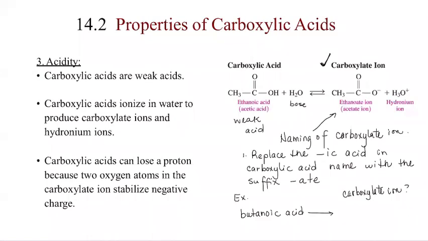So if we have butanoic acid, what's going to be the name of its carboxylate ion? We're missing an O in the name, but that's a good attempt. It is butanoate ion.